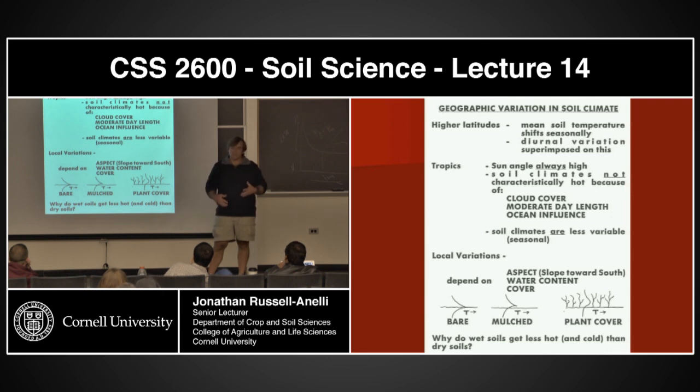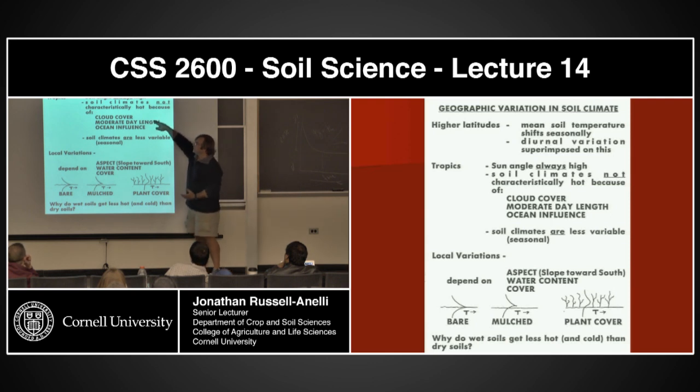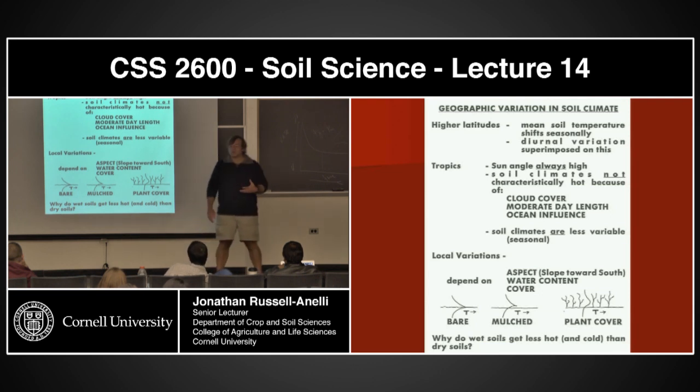And with oceans, it takes a lot of energy to heat up water. Once they're heated up, they'll stay hot for a long period of time. But what that's going to do is moderate the soil climates in these tropical zones. Okay? The soils are never going to get super hot, and never going to get super cold, because the energy of that system is not going to change as dramatically as it would in the higher latitudes, whether you're in North America or in northern latitudes or the southern latitudes.